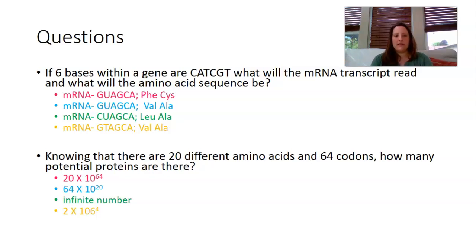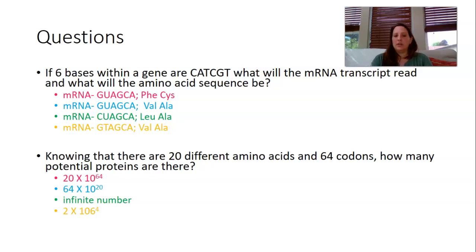It says if 6 bases within a gene are cytosine, adenine, thymine, cytosine, guanine, thymine, so CAT, CGT, if that's what the DNA sequence reads, what will the mRNA transcript read? And that gene is the template or sense strand we're talking about. What will be the sequence of the bases in the mRNA, and what amino acid sequence will there be?